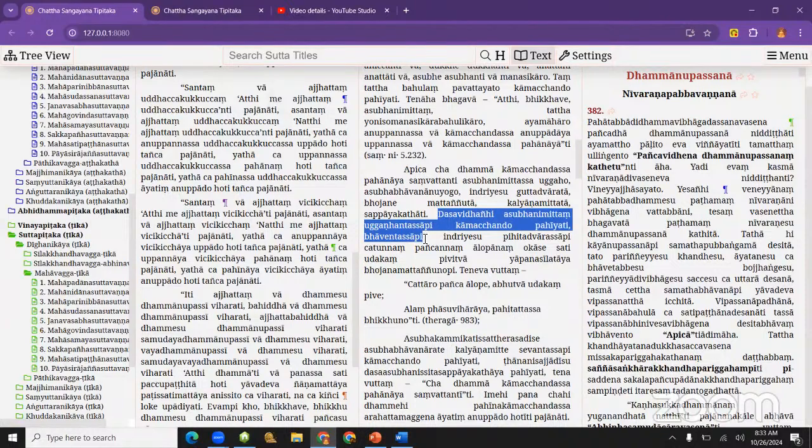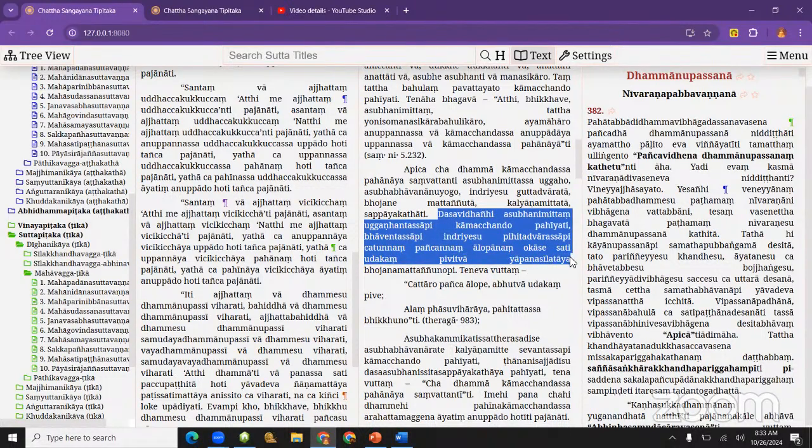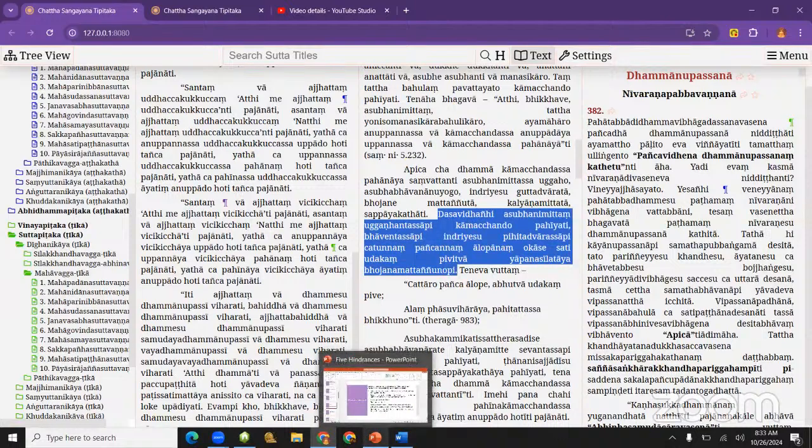And again it says, Indriyesu pihitadvarassapi catunnam pancannam alopanam okase sati udakam pivitva yapana silaya bhojane mattannunopi kāmacchando pahiyati. We need to take that kāmacchando pahiyati at the beginning. That means closing the 5 sense doors and moderating in food, your sensual pleasure, one of the 5 hindrances, is abandoned. Catunnam pancannam alopanam means the morsels.